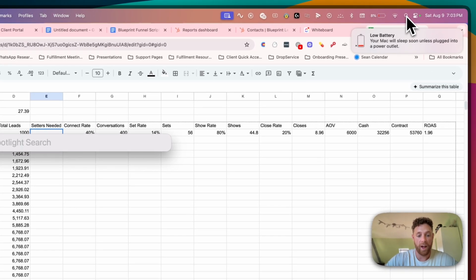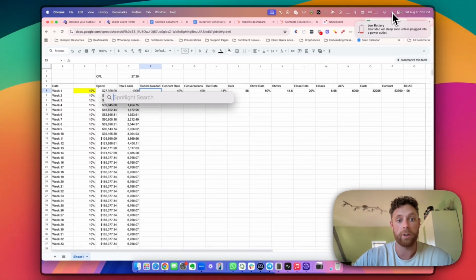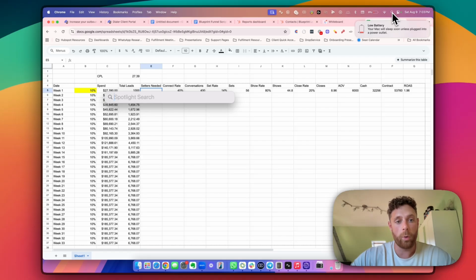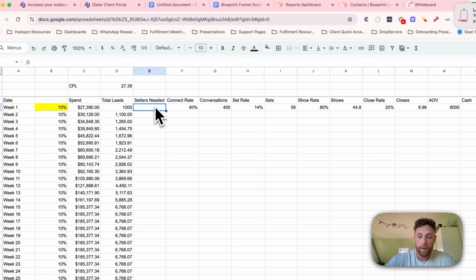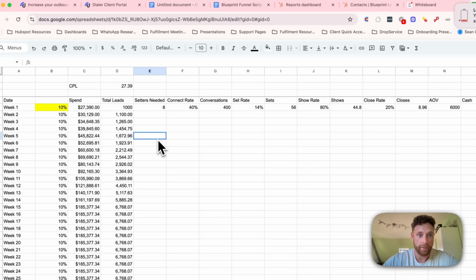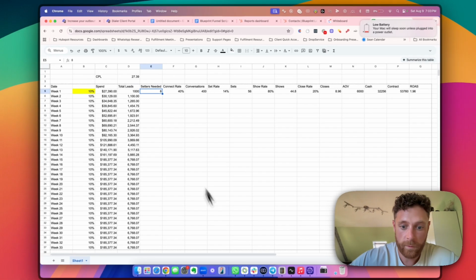Each setter can dial about 100 leads per day. Let's just throw a number in there. If you really have 1,000 leads coming in, you probably want around 8 setters, 10 setters. So put in 8 right here, not 8%. So we have 8 setters, right? And then this is going to scale with this.